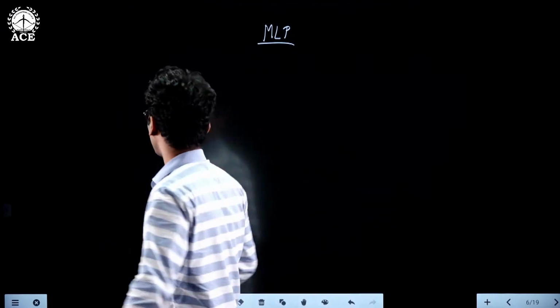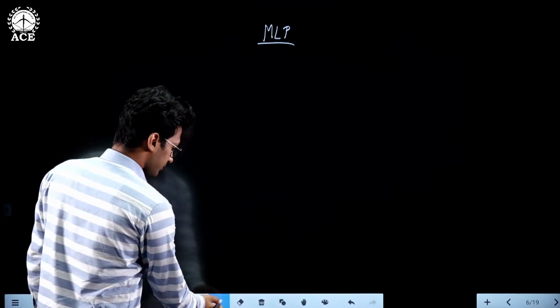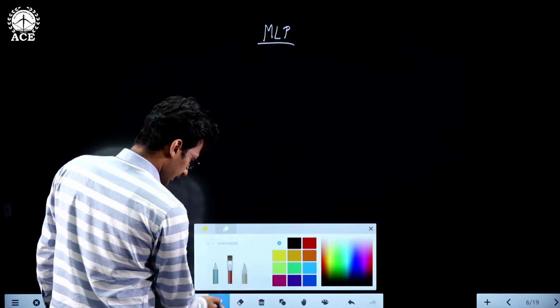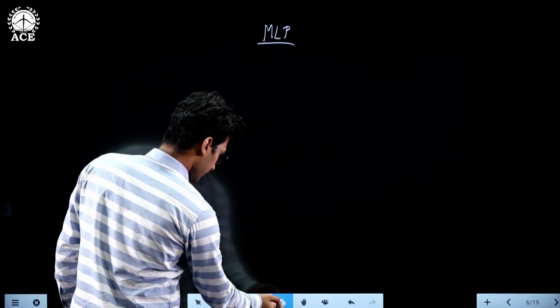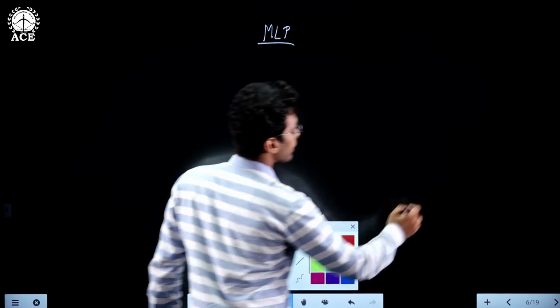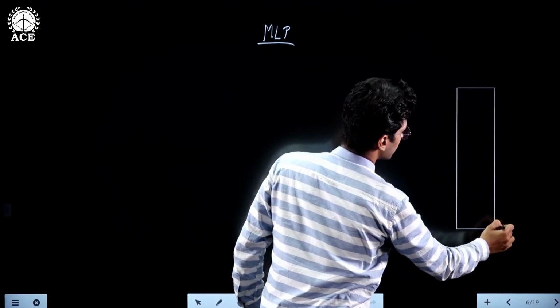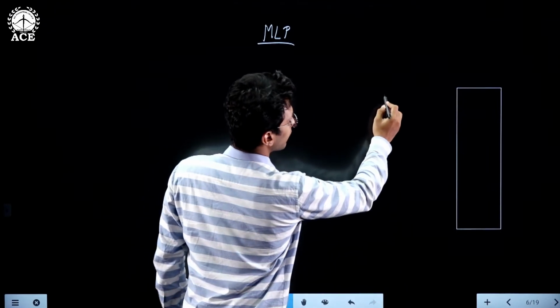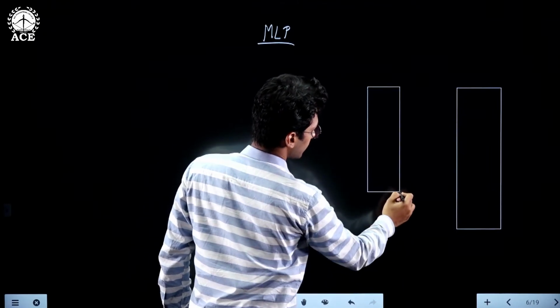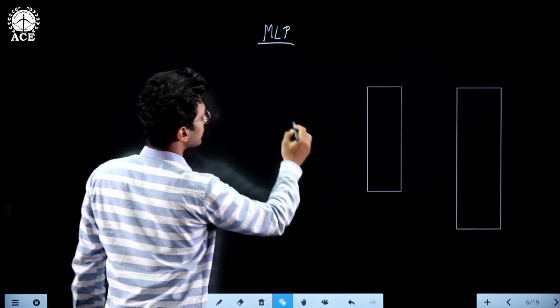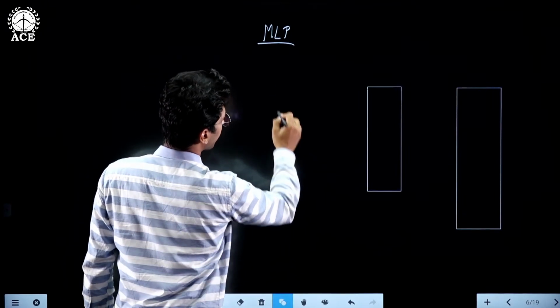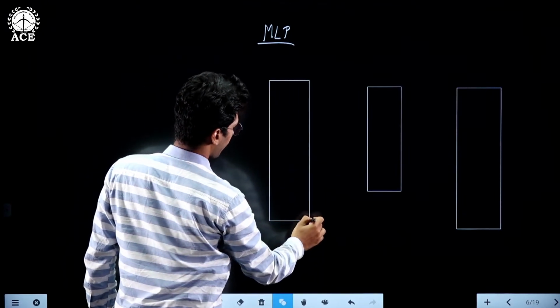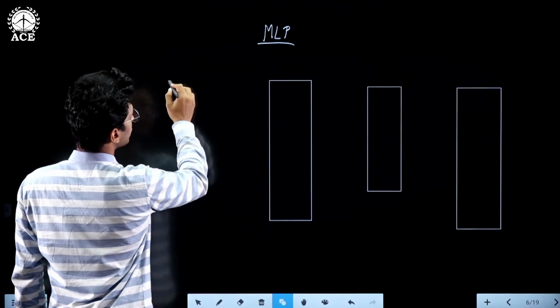Now, let's draw the diagram. Please watch carefully. I think I can use shapes as well. Let me use shapes. What is this? This is logical address space. What is this one? This one is physical address space. This one is the page table.